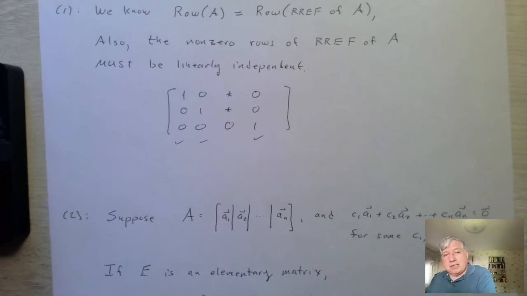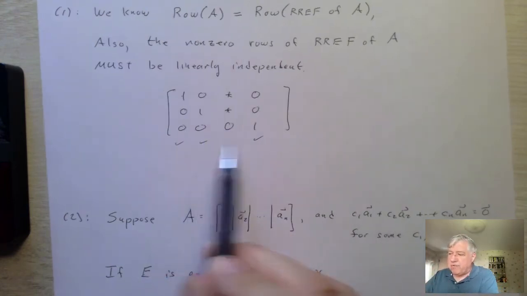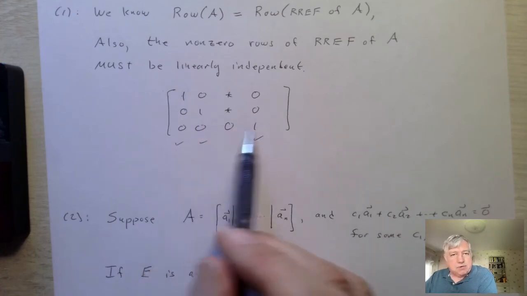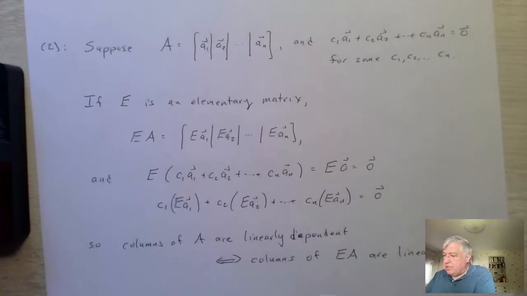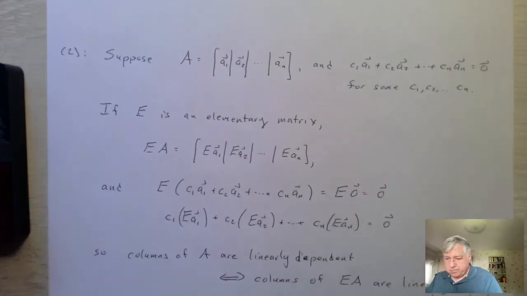So the first, second, and fourth columns of the original matrix had to be independent, because if they were dependent, then that same dependence relation would hold for these three columns here, which obviously won't happen because they're literally independent. Okay, so that's why this works. Once again we see what a powerful thing reduced row echelon form is.